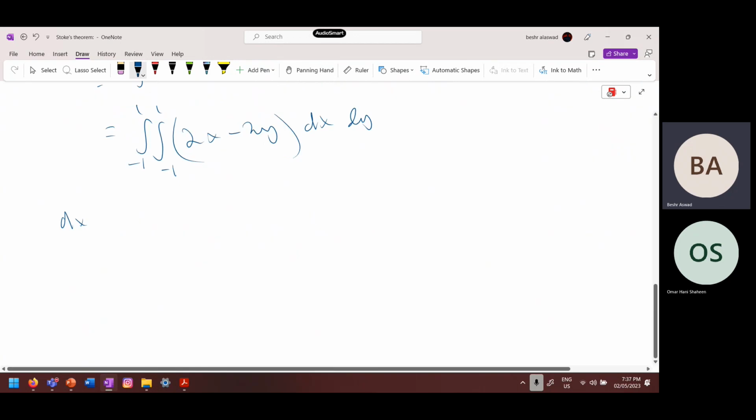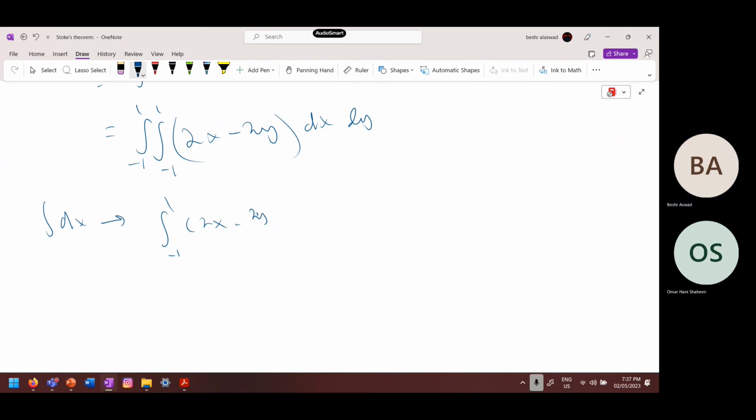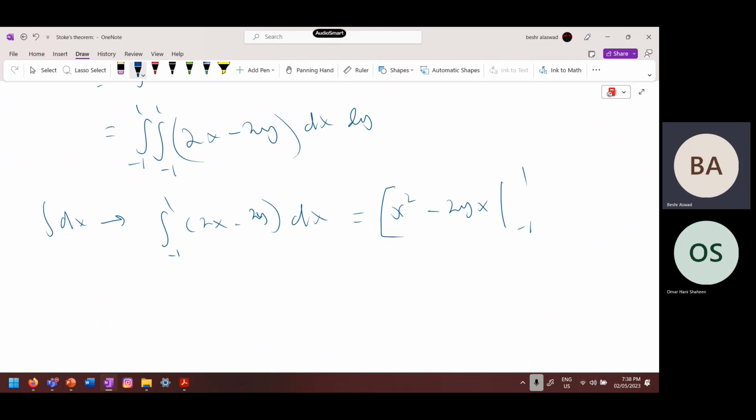It doesn't matter in this case. Let's start with dx, -1 to 1, 2x minus 2y dx. That's equal to x squared minus 2yx from -1 to 1.